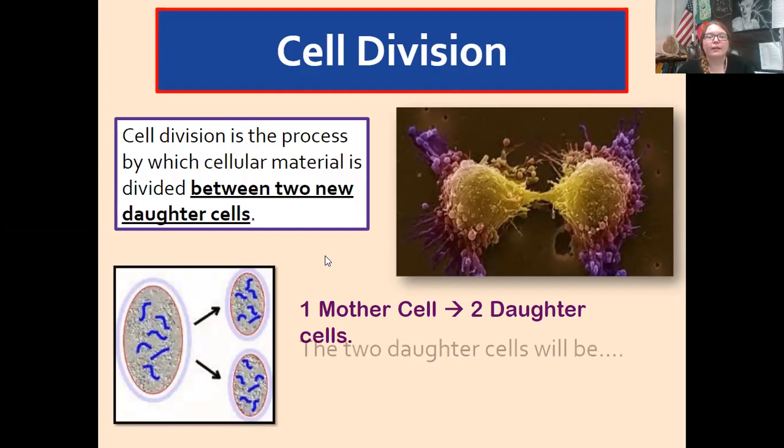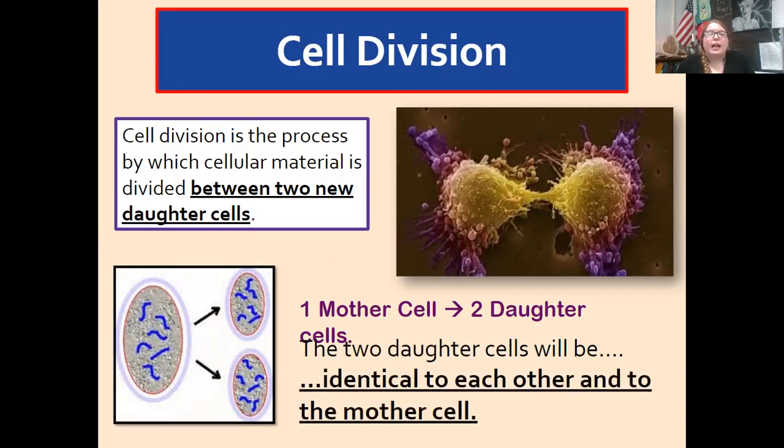So one mother cell will make 2 daughter cells, and the 2 daughter cells are identical to each other and to the mother cell. This is another thing that's going to be on your quiz. You're going to need to know basic cell division, like mitosis. We have 2 identical daughter cells.